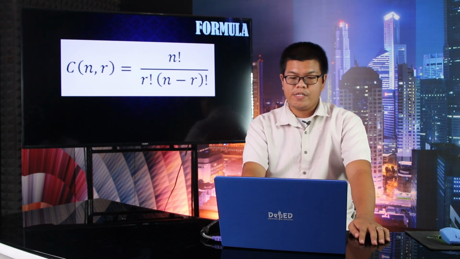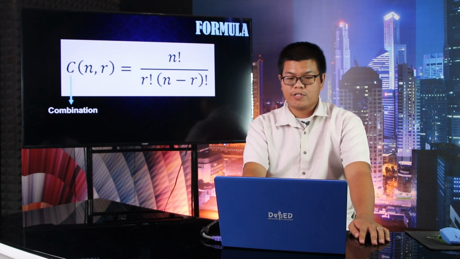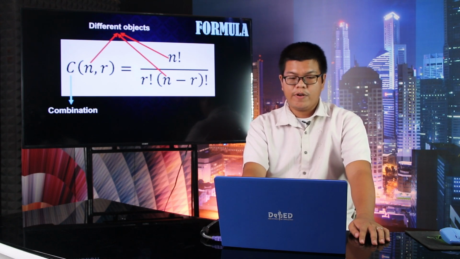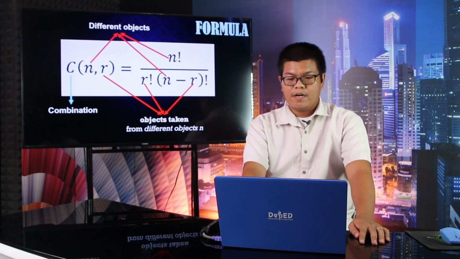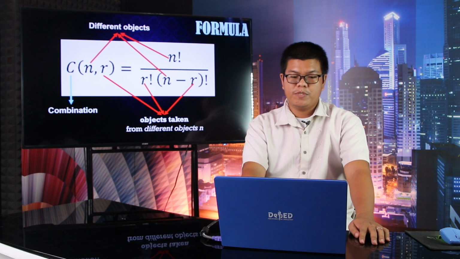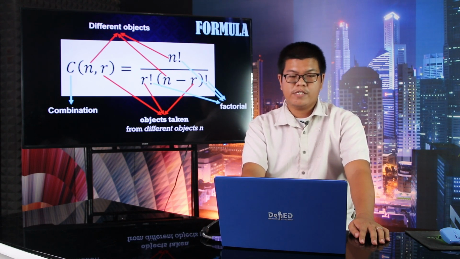Where capital C is the combination, small n are the different objects, small r are the objects taken from the different objects n, and the exclamation point is the factorial.